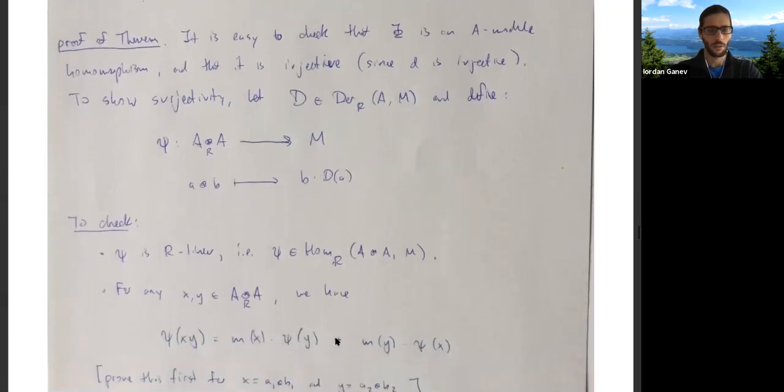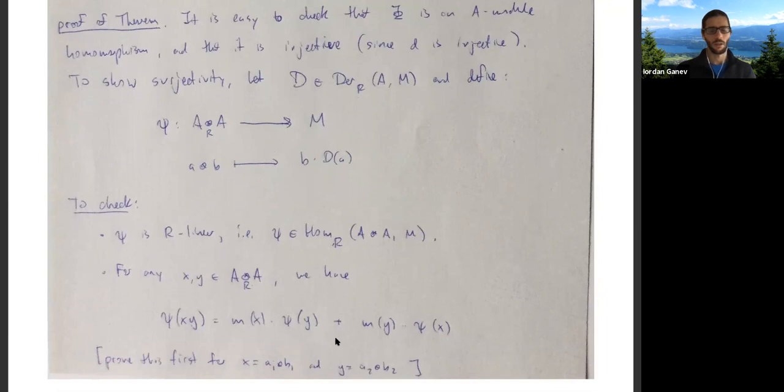And second, this is a bit less immediate: if we have two elements x and y in A tensor A, then we have the following identity. Psi of the product xy is, well, first we multiply out x. x is like a 2-tensor, so we can multiply it out to get something in A, and we act with that on the element of M given by psi of y.